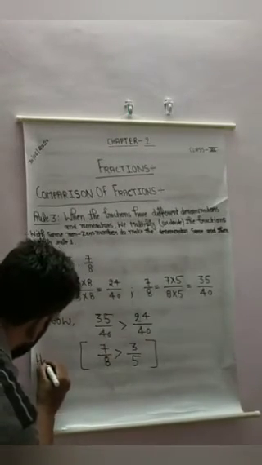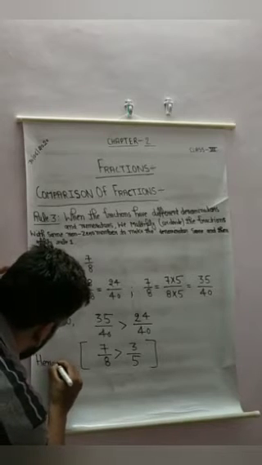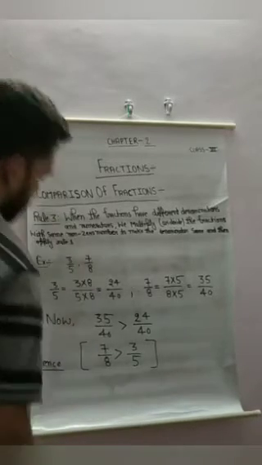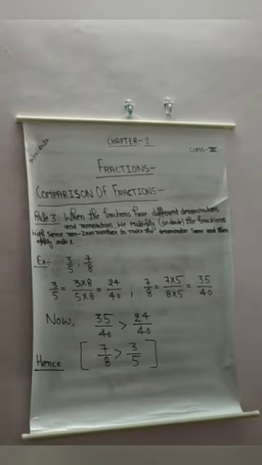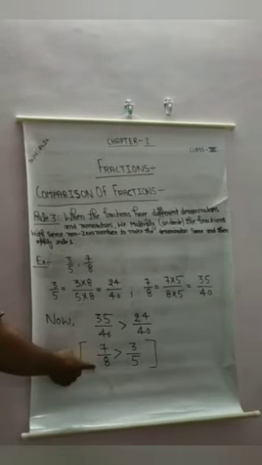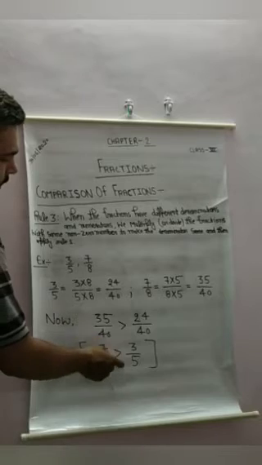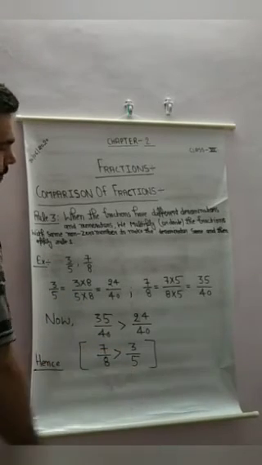Hence, 7 upon 8 is greater than 3 upon 5.